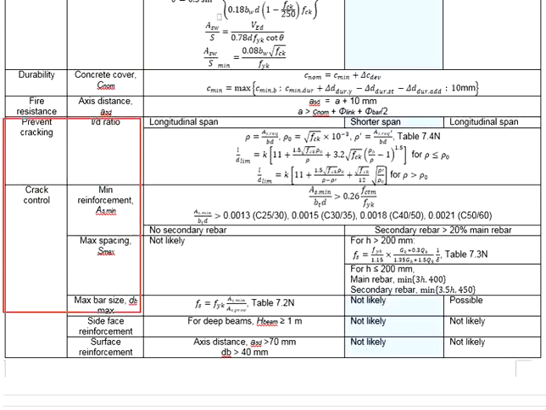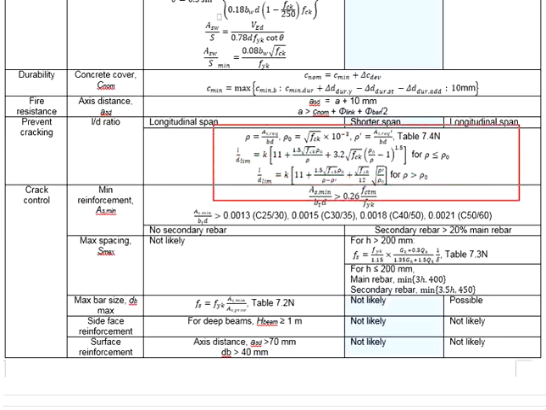Next is about the cracking control. The L per D ratio controls the cracking due to excessive bending. All structural elements, when subjected to the bending moment, must be checked with the L per D ratio. It applies to the beam, slab, and the staircase.